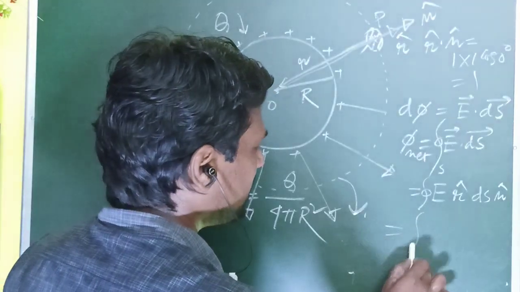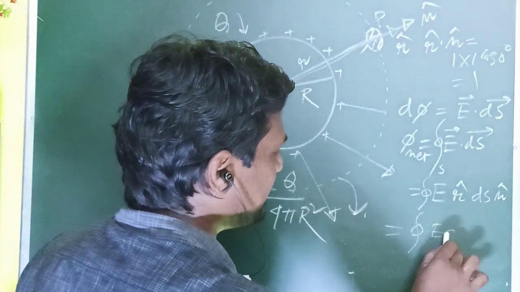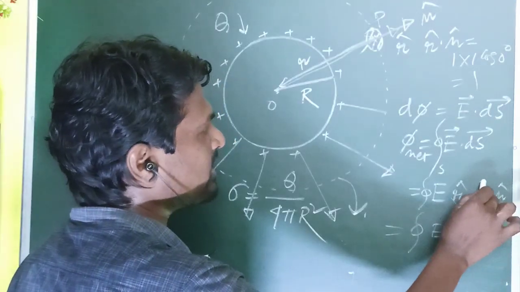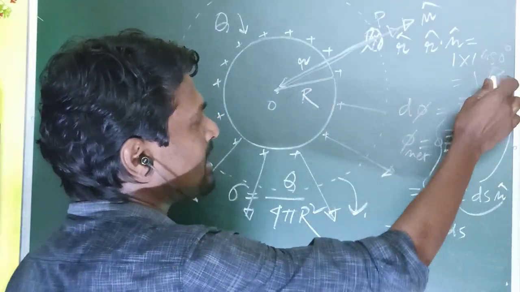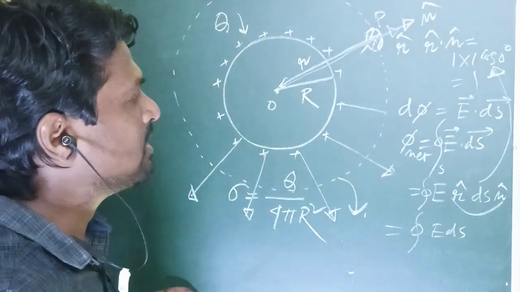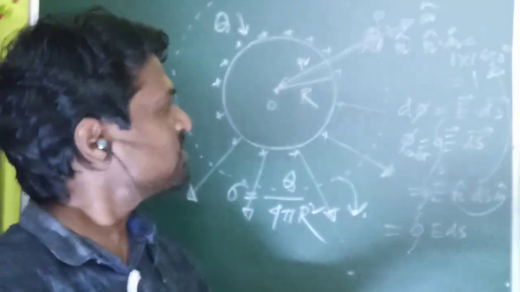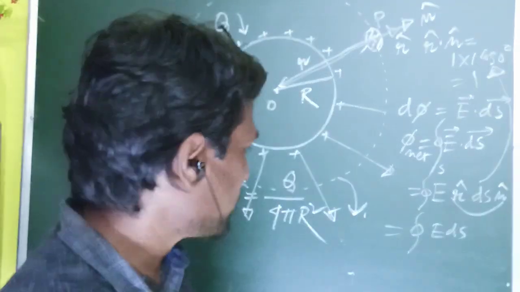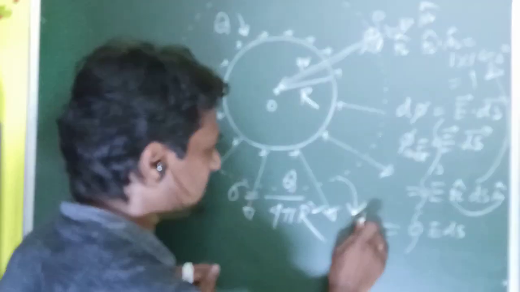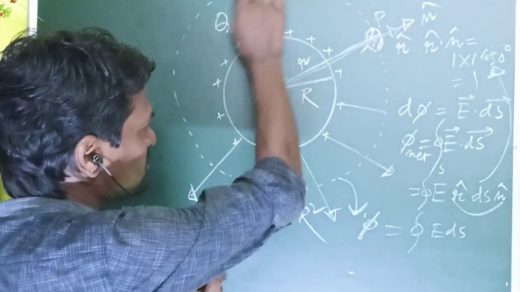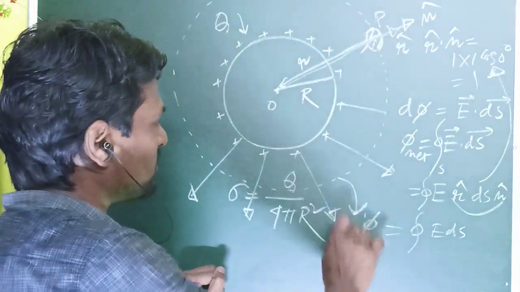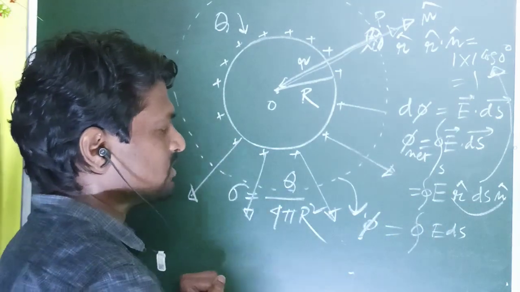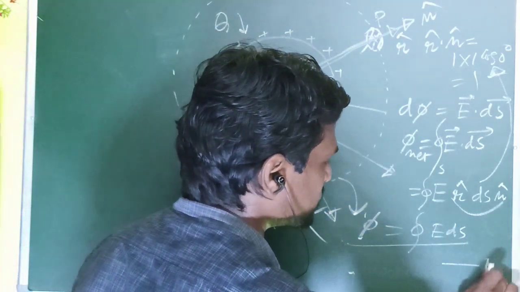You can write E ds, since r cap dot n cap is a unit vector acting along that direction, so 1 into 1 cos theta, that is r cap dot r cap, equal to 1. So the net flux through this surface, that is all the field lines crossing that particular surface, is this number. So this is equation 1.